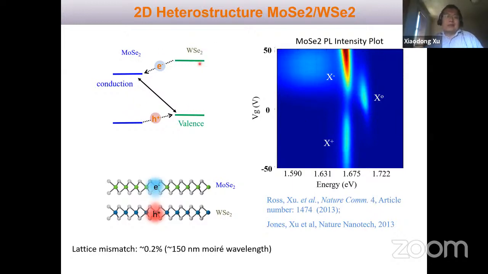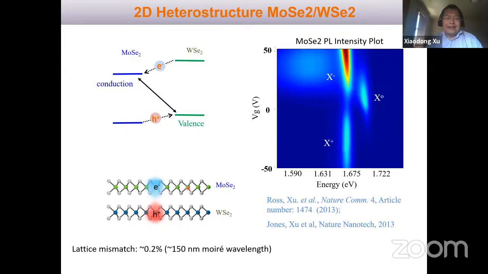But it turns out that when we put the MoSe2 and the WSe2 on top of each other, they form a type 2 band structure. What that means is the lowest energy conduction band is in MoSe2 and the highest energy valence band is in WSe2. So when an electron-hole pair is optically excited in the system, the electron goes to the lowest energy conduction band, in this case MoSe2, and the hole goes to the WSe2.